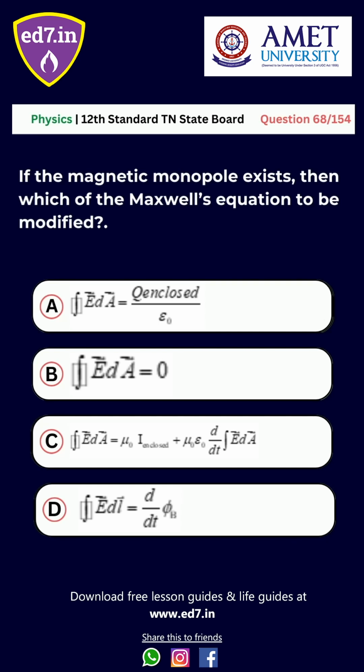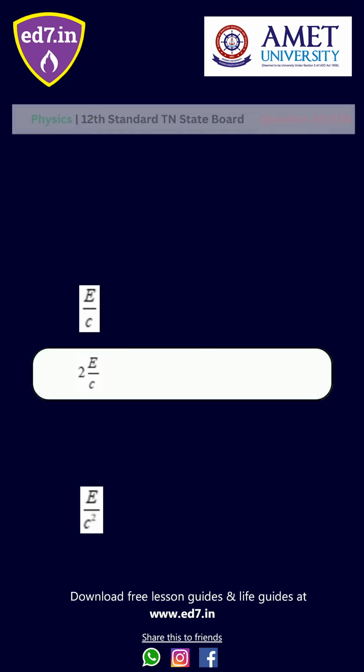C, closed integral of B dot dL equal to mu naught I enclosed plus mu naught epsilon naught d by dt integral of E dot dA. Option D, closed integral of E dot dL equal to minus d by dt of phi B. The right answer is option B, closed integral of B dot dA equal to 0.